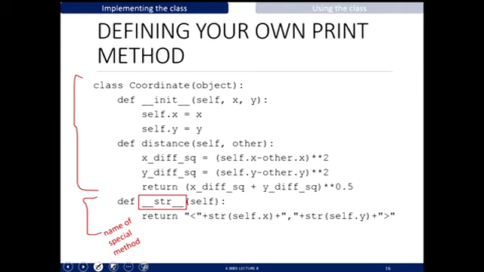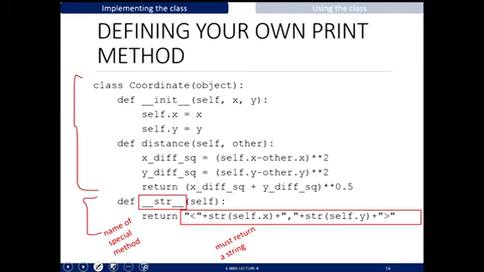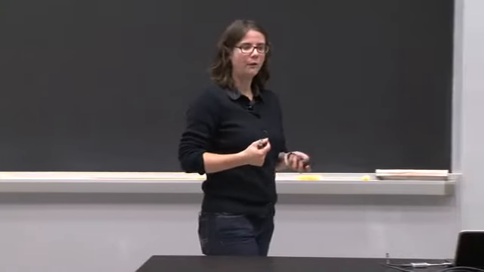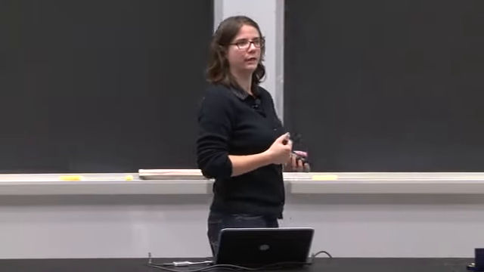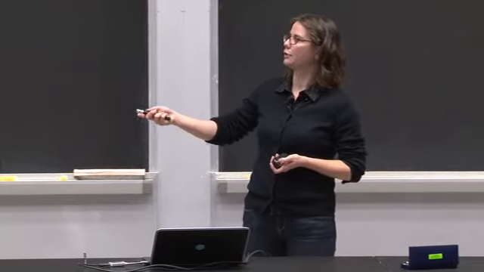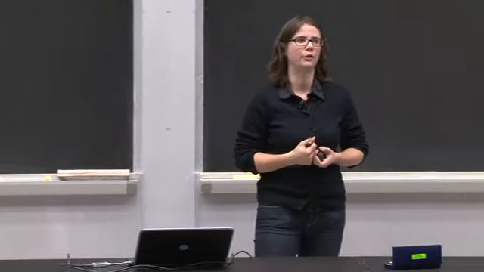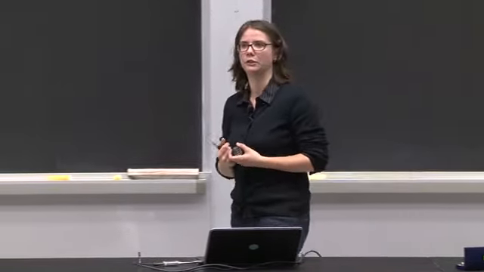In this particular case, we're going to return the string that's the angle brackets concatenated with the x value of the object, self.x, concatenated with a comma, concatenated with the y value of this particular instance of an object, self.y, and then concatenated with the angle brackets. Now anytime you have print on an object of type coordinate, you're going to call this special method str if it's implemented in your code. Any questions?